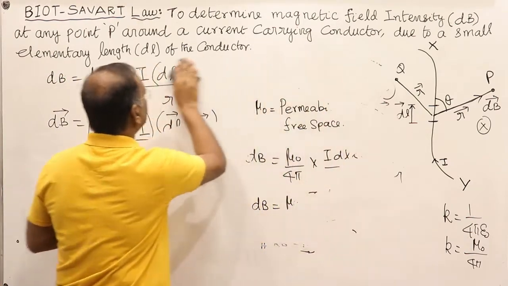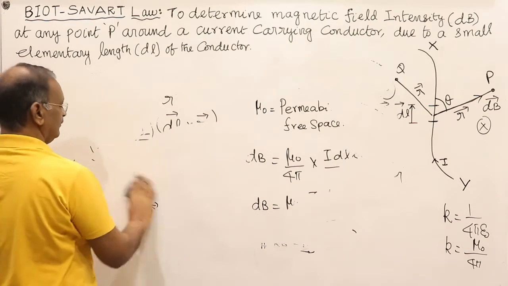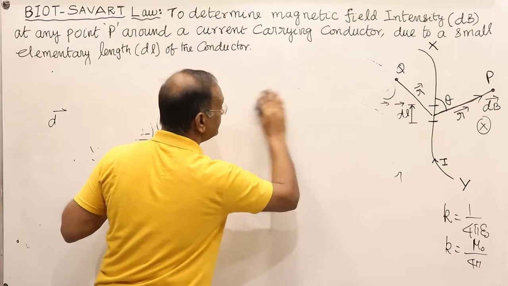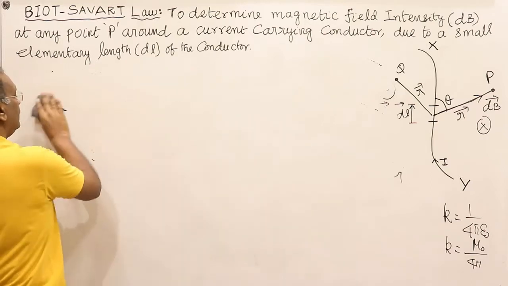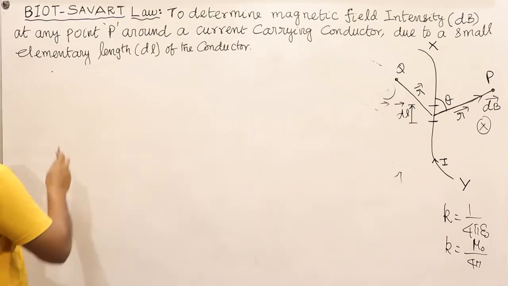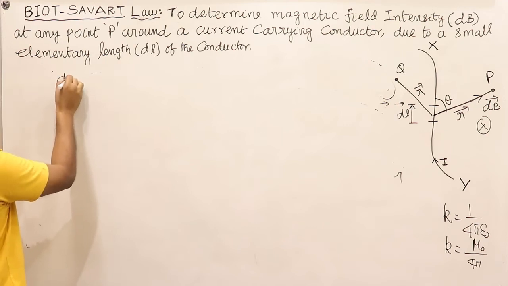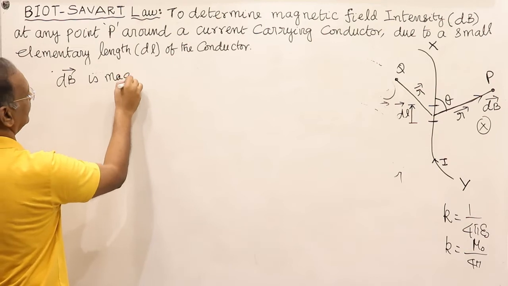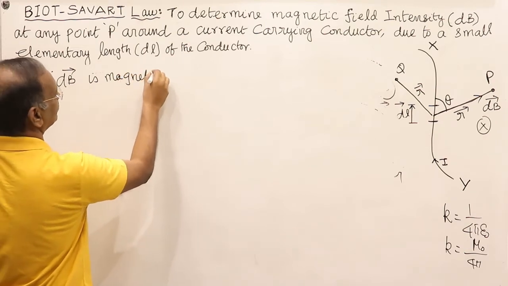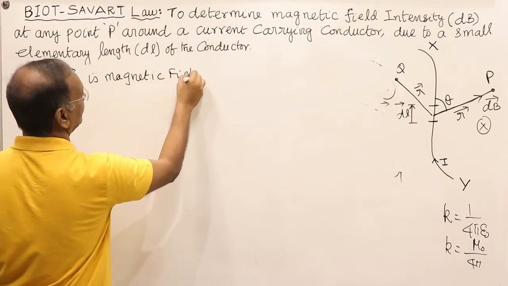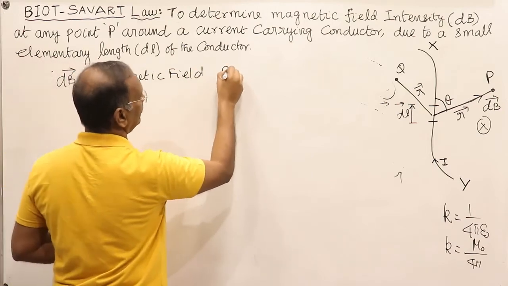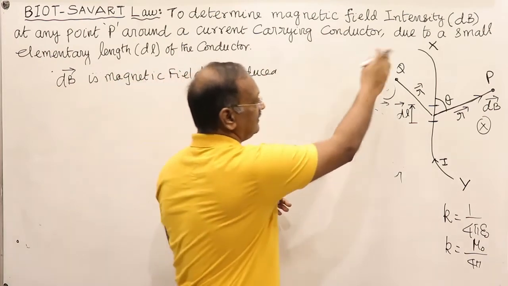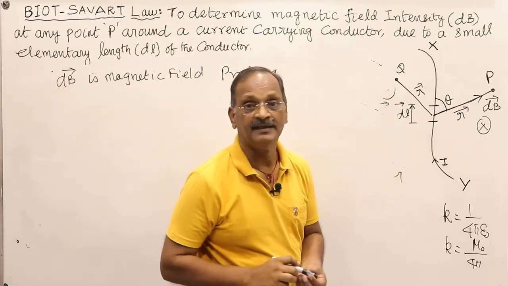How can we summarize the Biot Savart law? One thing we have to remember here is that this dB vector is the magnetic field. Produced by whom? By the entire length of the conductor?